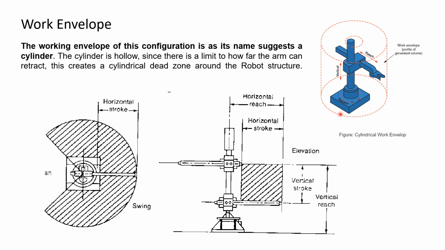So it creates the cylindrical dead zone around the robot structure. So it will be having a dead zone, and the cylinder is hollow since there is a limit to how far the arm can be retracted, and that's how it creates a dead zone around the robot structure. So it will be having a dead zone in which the arms cannot operate.